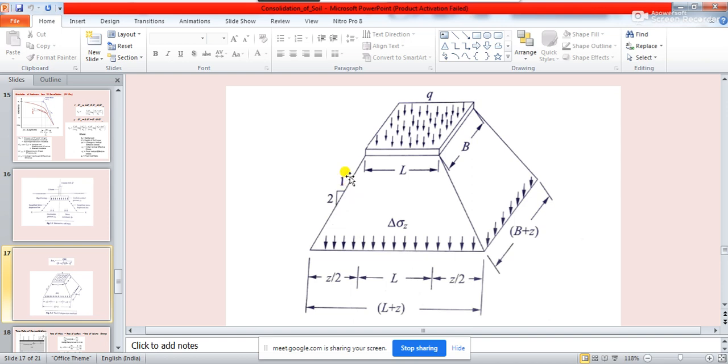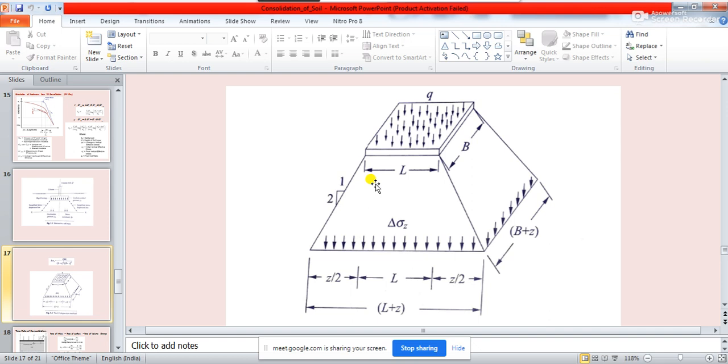Then the length and the breadth of the layer where you need to find the incremental stress will be L plus Z and B plus Z, where Z is the depth from the base of the footing to the middle of the clay layer.